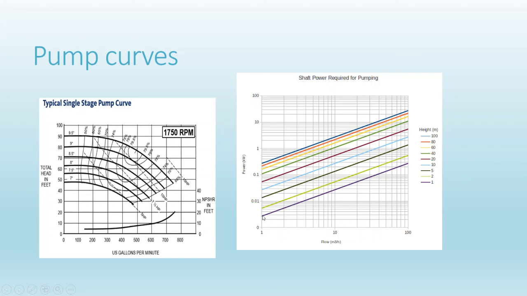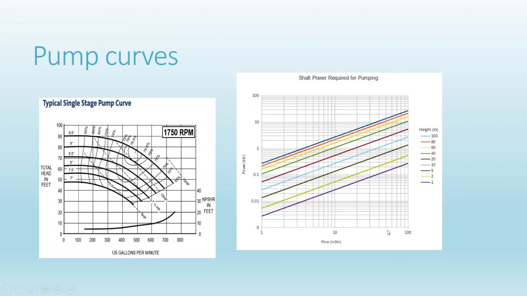The second curve is about the relation between the power, head and the flow. If the head is common, like 1 meter head, but the flow is increased, for 10 meter cube per hour, what is the power required? It is between 0.01 kilowatt and 0.1 kilowatt.